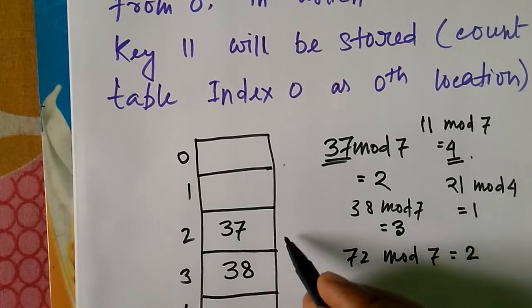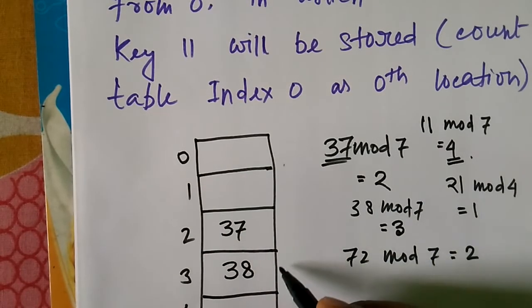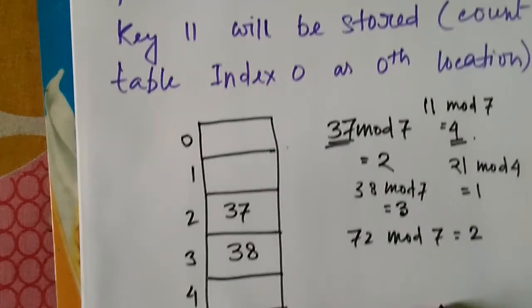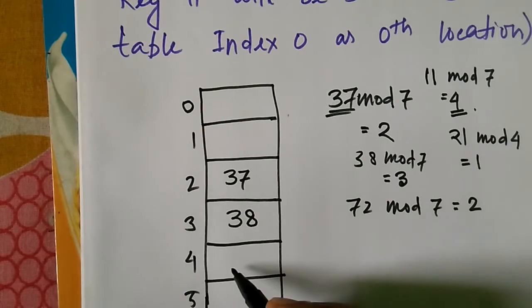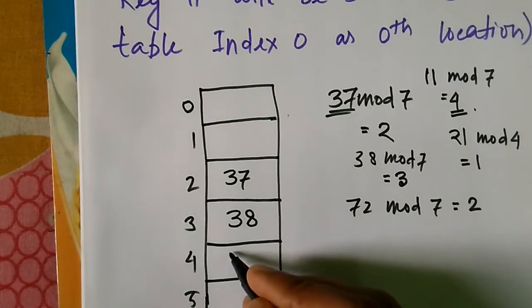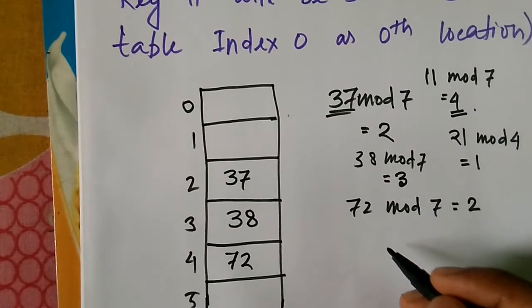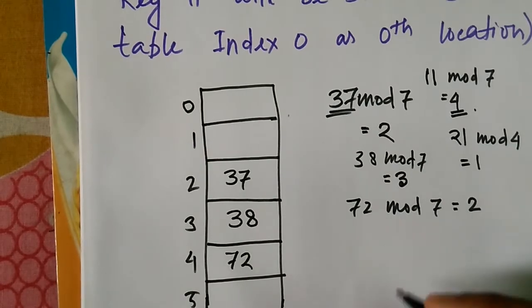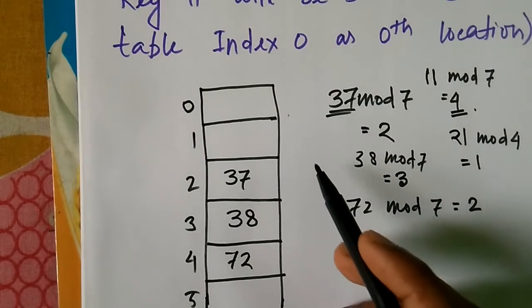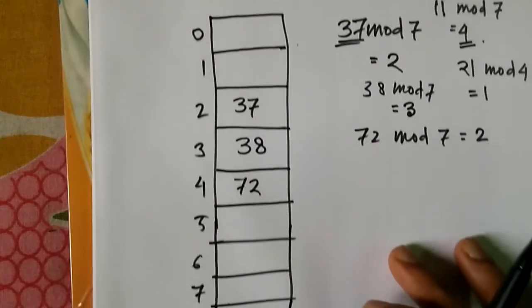So you have to probe for the next, that is 3, which is already filled. So probe for the next. Is it free? Yes, it is free. So 72 will be placed here. Next is 48. 48 mod 7 is 6. So 48 will go in index 6.